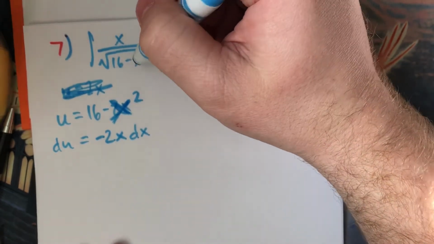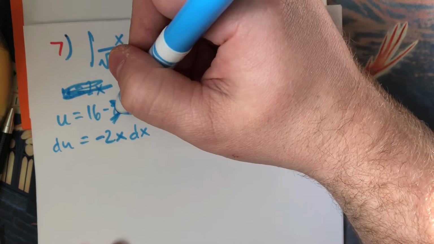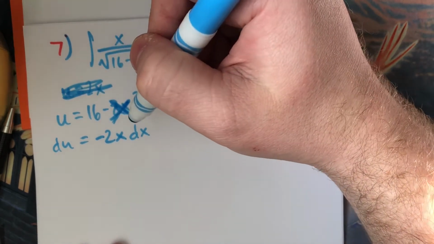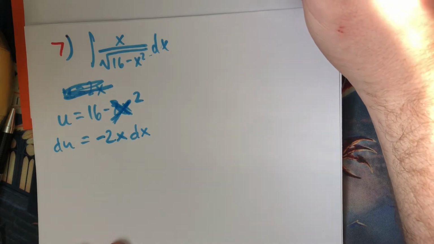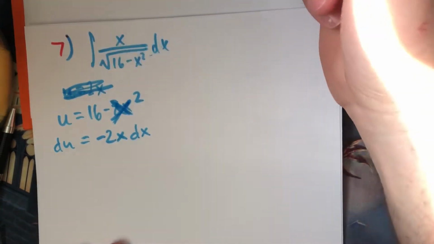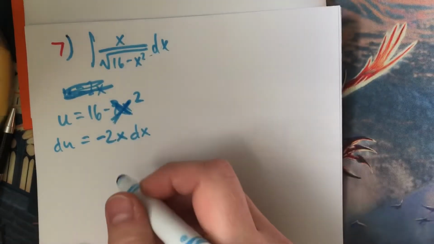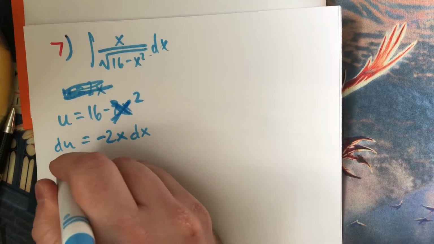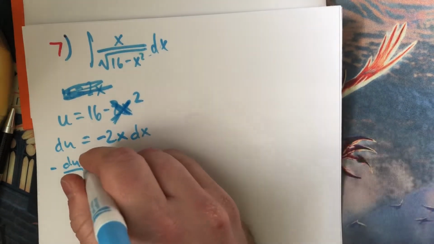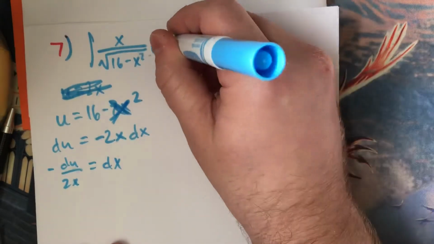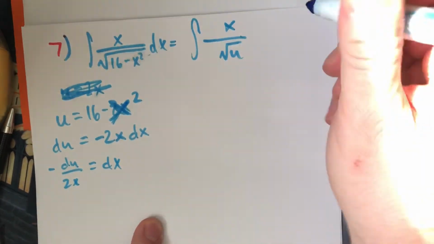See, that's the problem with being so smart, sometimes I write the next step when I was meaning to write the first step because my brain just moves so fast. No, I'm just clumsy sometimes with where I'm going. So then we divide, we get negative du over 2x is equal to dx. And so now we got our x, we got our root u.